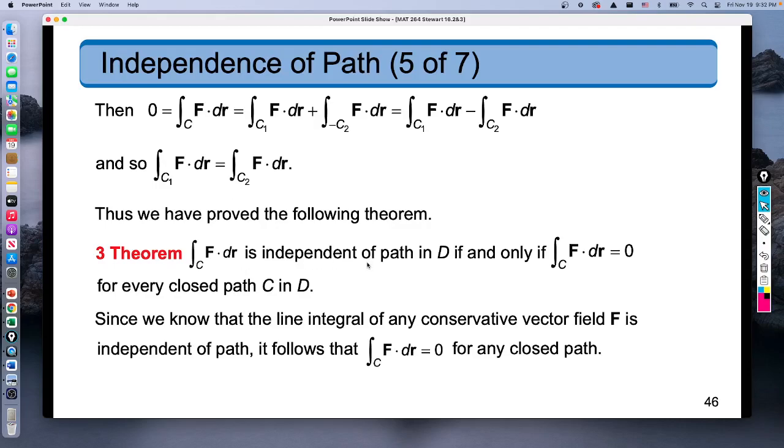And we get this theorem that the integration of this vector field is independent of path if and only if the integration equals 0. So it works both ways. If it's equal to 0, we know it's independent. If it's independent, the integration will be equal to 0. Okay, so that's a theorem that's proved.